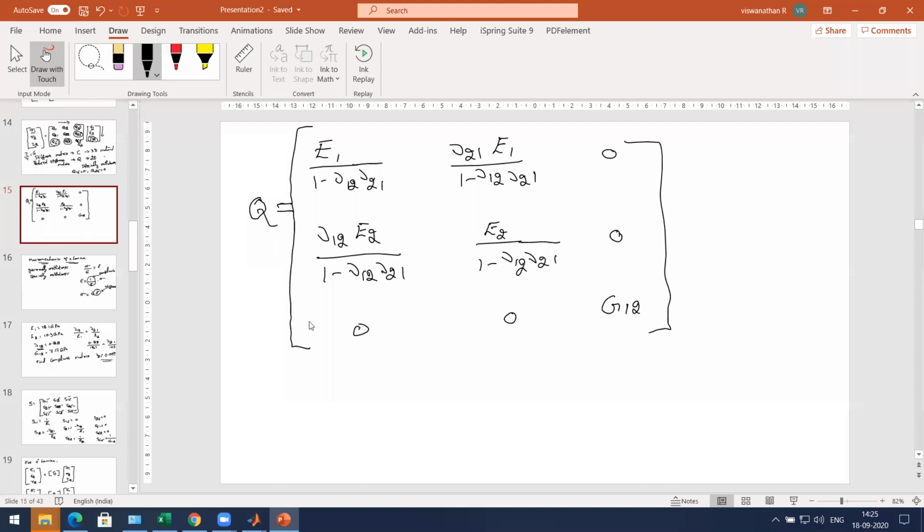Now, how will this look for an isotropic material? E1 will be E. Then nu12 will be equal to nu21. There is only one Poisson's ratio for an isotropic material. So this will be 1 minus nu square.